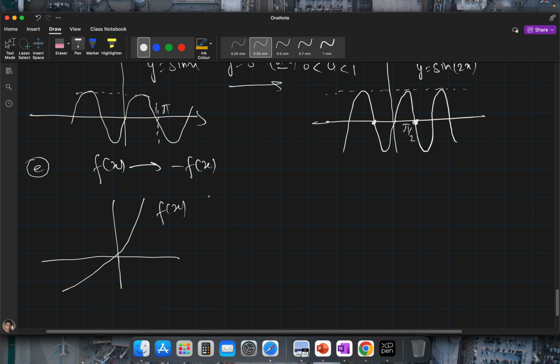Now I want to change it to minus of f(x). You see that the value of y has become minus times the initial y, which means that whatever output it was giving earlier for x, the output has now been reversed. So there will be no change where y is already positive.